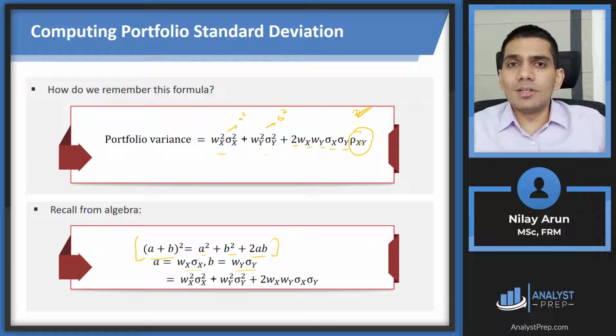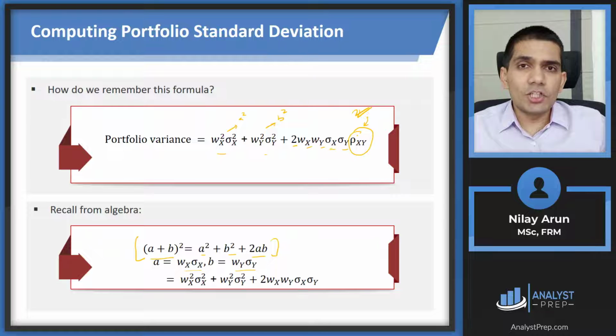Why? Because this determines the level of diversification that we have in our portfolio. So remember, we are doing a square plus b square plus 2ab, but right at the end, we're also including the correlation term additionally. So this is one quick trick of just remembering this formula, but remember not to ignore the correlation aspect, because without that, of course, we won't be able to get the correct answer.